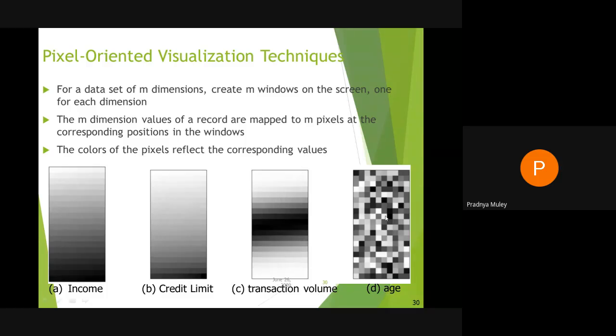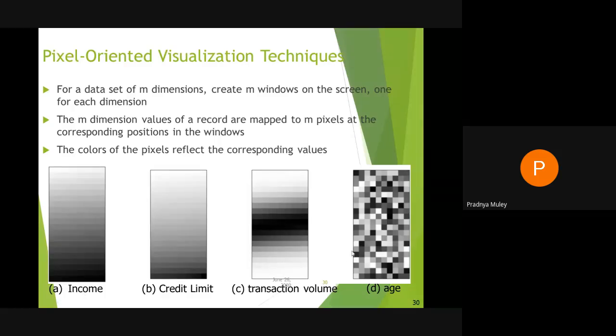Suppose we take the example of an AllElectronics shop which maintains a customer information table which consists of 4 dimensions: first the income, then credit limit, then transaction volume, and then age. Can we analyze the correlation between income and other attributes by visualization?